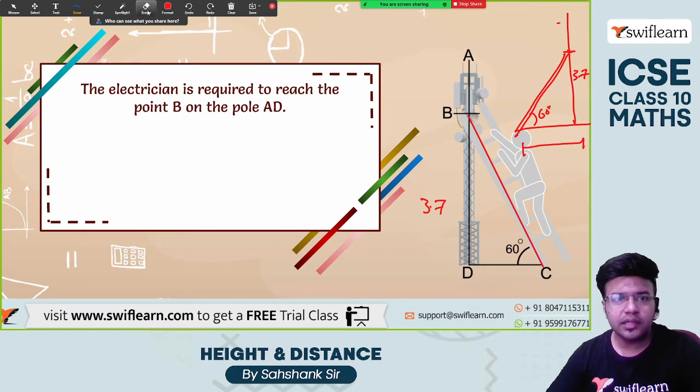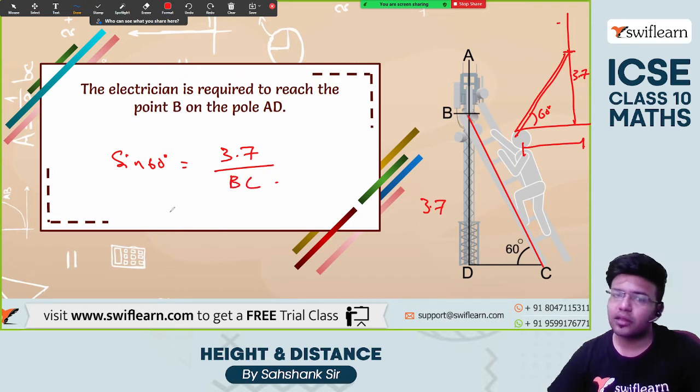So BC, again let us take sine theta. Sine 60 is equal to perpendicular by hypotenuse, which is BC, the length of the ladder. Sine 60 is root 3 by 2, equal to 3.7 by BC.